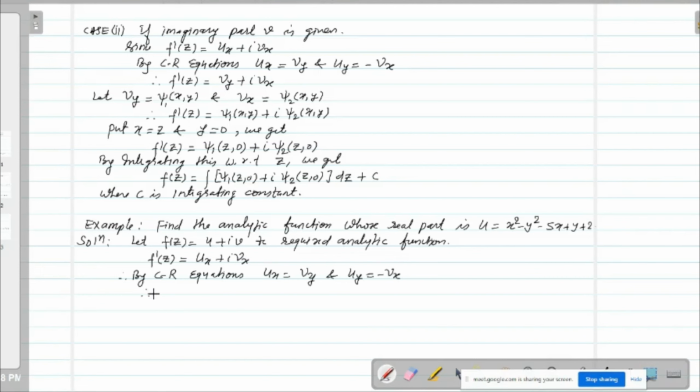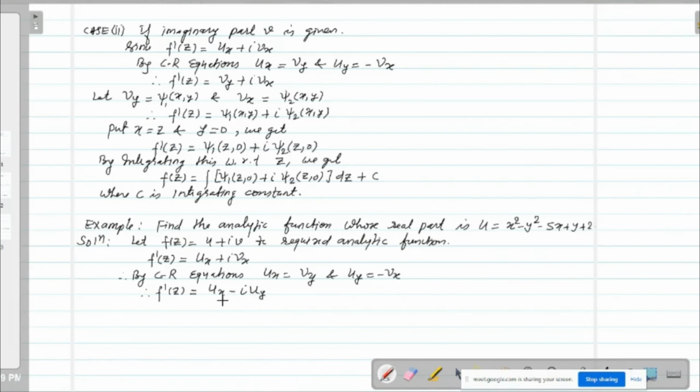So therefore f dash of z is equal to ux as it is, and vx is the negative of uy, so minus i uy. Now our job is to find the analytic function f of z, where ux and uy have to be determined.